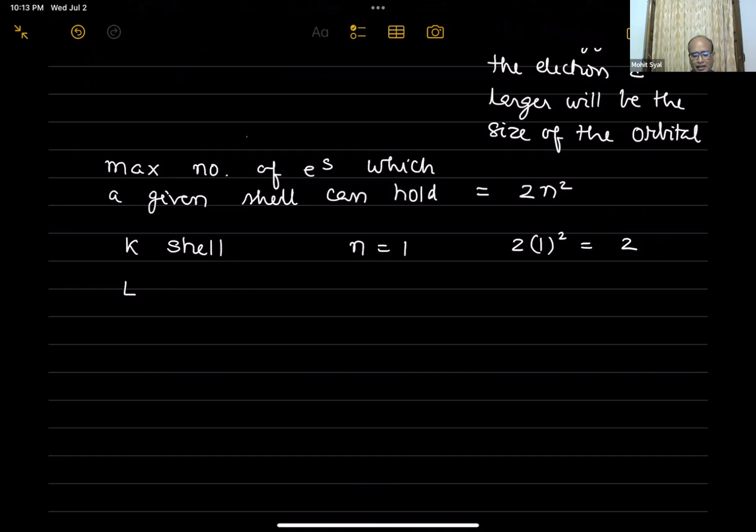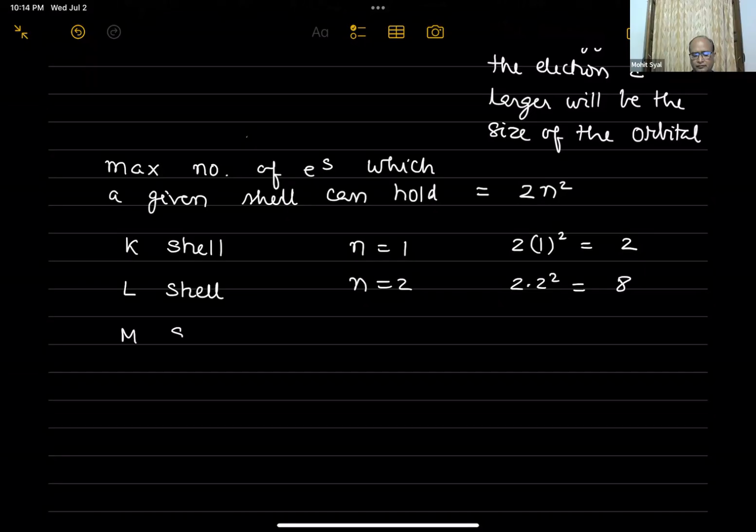L shell, the second shell. This shell was used by Bohr, but now we know that this is a whole group of energy levels. For n equal to 2, how many electrons can the second shell have? 2 into 2 square, so it is 4 into 2, 8.